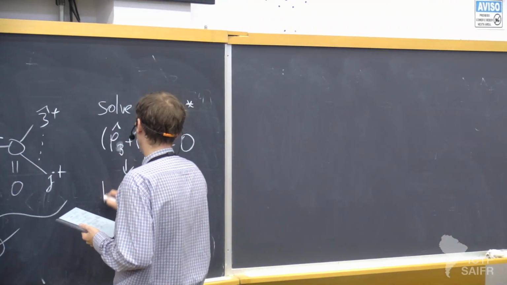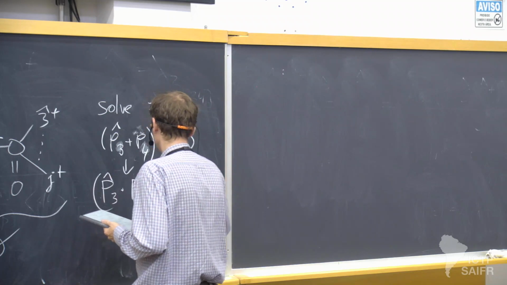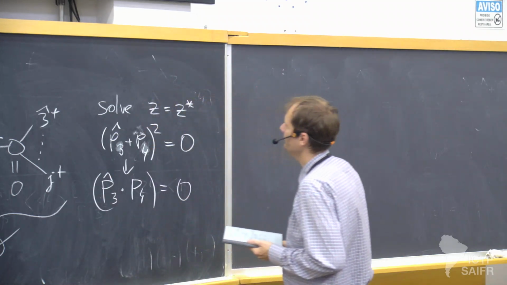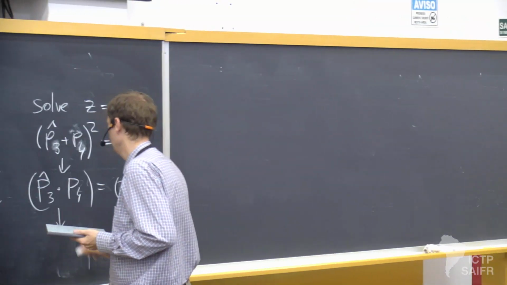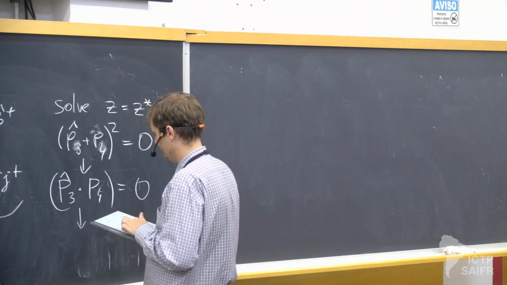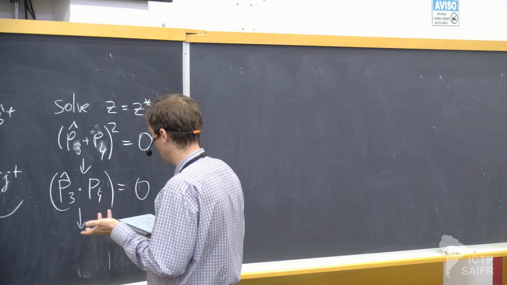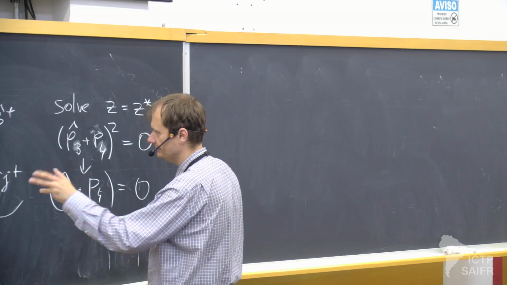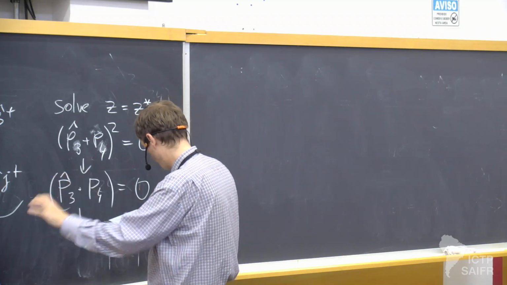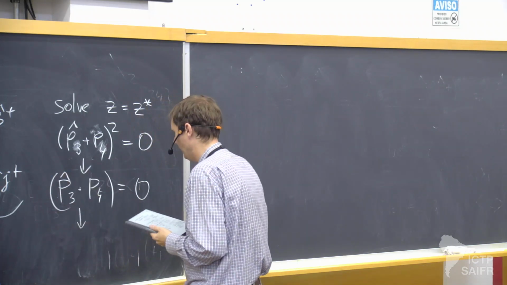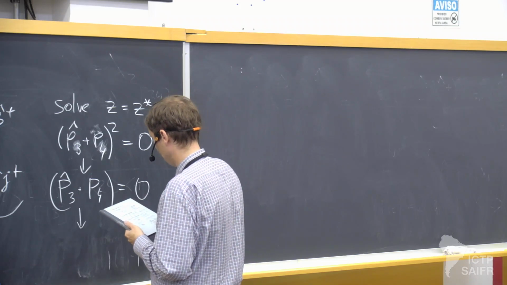So this condition boils down to P3 hat dot P4 is 0. From that, we can solve for the Z star. Here we cannot use all these tricks about 4-point kinematics. This is not 4-point kinematics anymore. So we will always get just one formula without such relations.